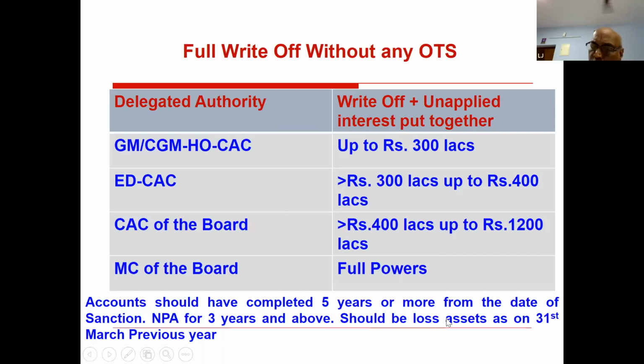Third, it should be a loss asset as on 31st March of the previous year. If these three conditions are fulfilled, then you can submit the proposal to the authority through RO, CO to head office. So no authority up to the circle head has power to write off the full amount without any OTS. This is possible, and it can go to HO if all three things have happened.